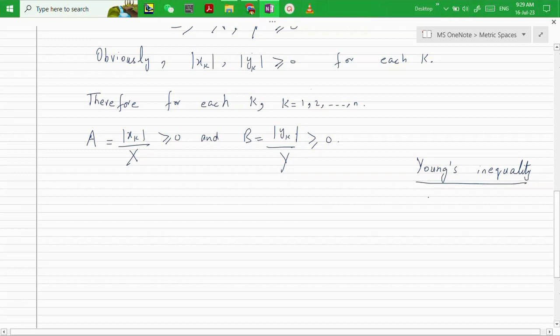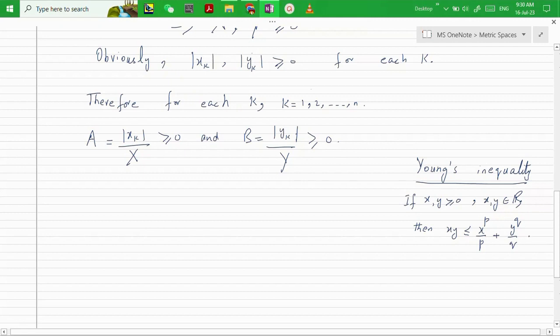What is Young's inequality? When x and y are non-negative real numbers, then xy is less than or equal to x power p over p plus y power q over q.